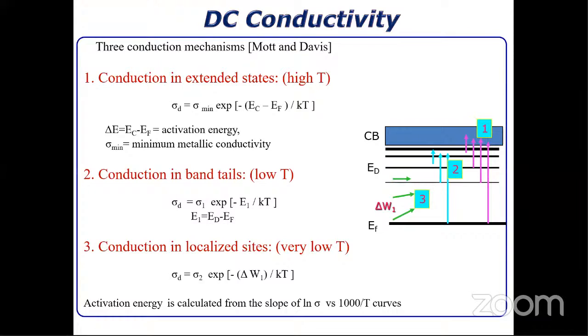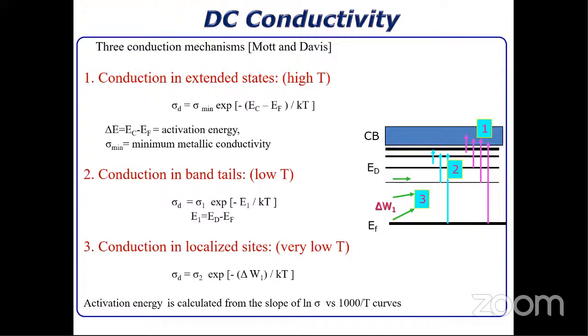Basically three conduction mechanisms are there. One is in the extended states, which takes place at high temperature, and there one can use the relation sigma_d equal to sigma minimum, the minimum metallic conductivity, times exponential of minus (EC minus EF) upon KT.